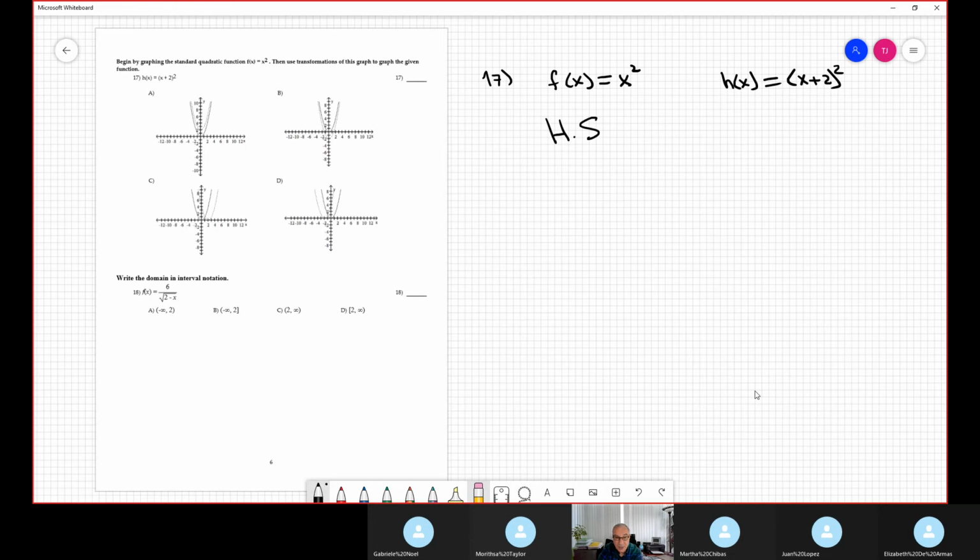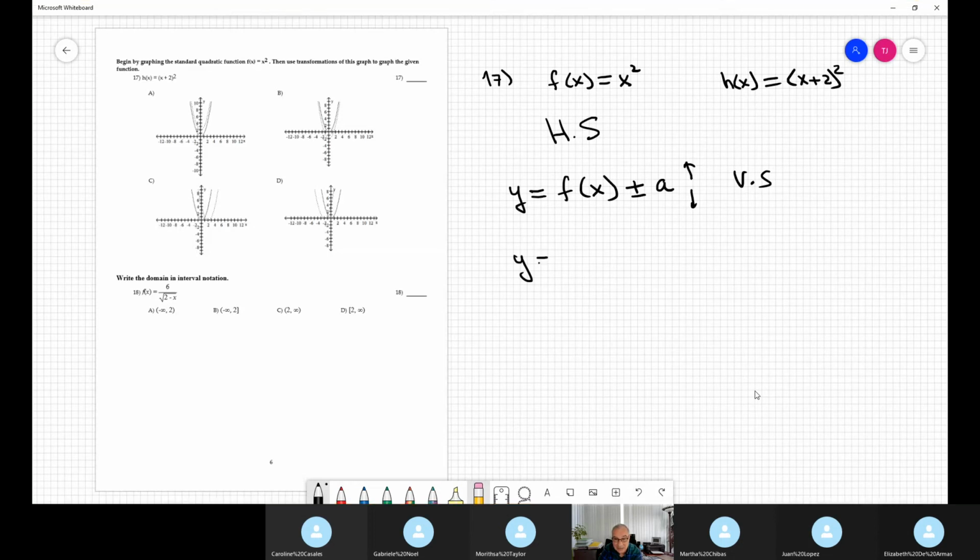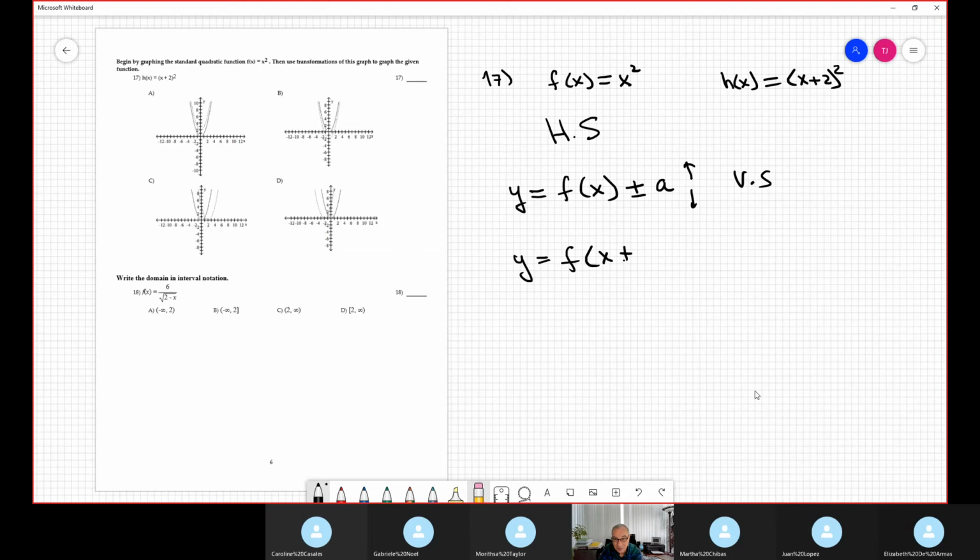Remember, we have different kinds of transformation. For example, when you add or subtract outside a number, plus or minus, if it's plus, it's up, if it's minus, it's a vertical shift. But in this case, no. In this case, the transformation is inside the parenthesis. Plus or minus b. So this motion is a horizontal shift. But you need to remember when it's positive it goes left.